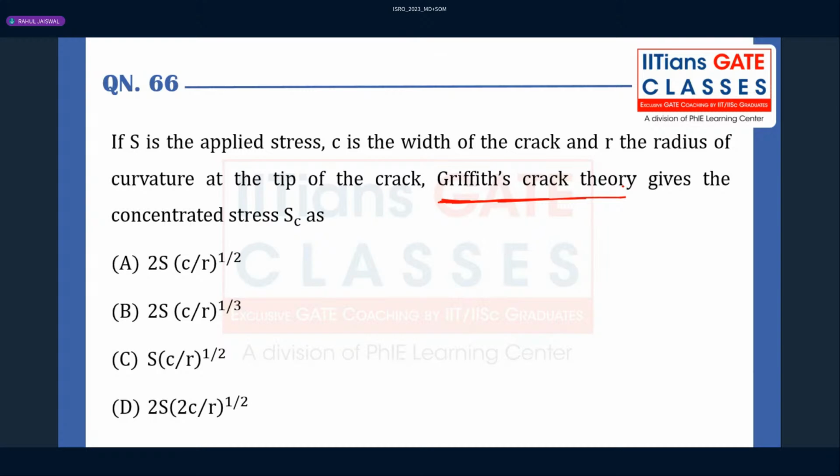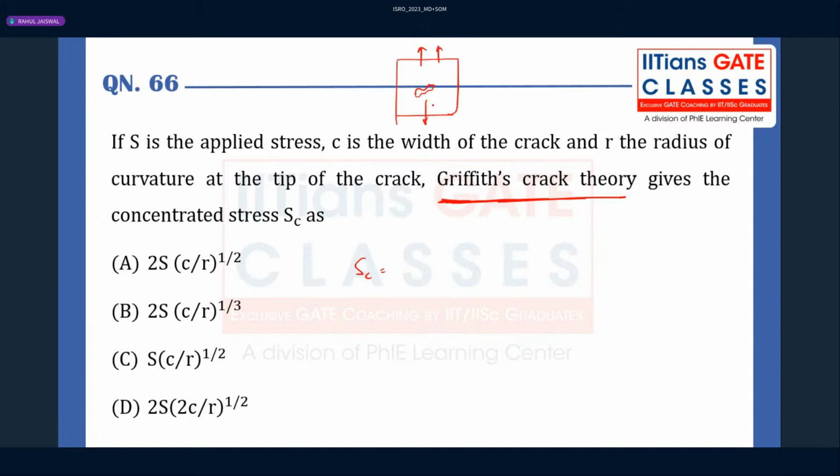But this topic is very much there when you do MTech in either manufacturing or design. Even though Griffith crack theory is given in our material science also, for that you can follow the NPTEL lecture. So directly please remember whatever the concentrated stress will be there because of any crack, any material you have, any crack is there, for example.